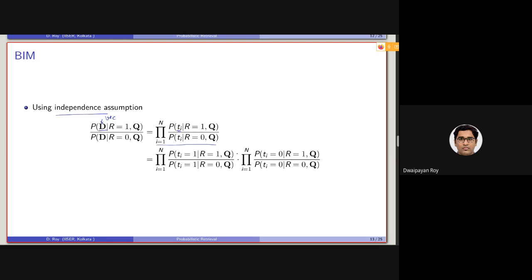Okay. Now here, let's say n is, as I said, the total number of unique terms in the vocabulary. Now this product is over this.